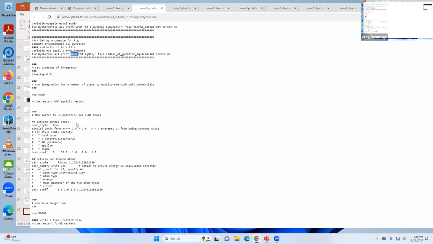Set a time step of the integrator. What does that mean? 0.01. Depending on your unit, it's the actual time step, what it is. It can be picoseconds, it can be nanoseconds, depending on the unit. But because we're using LJ, I think it's a relative unit.